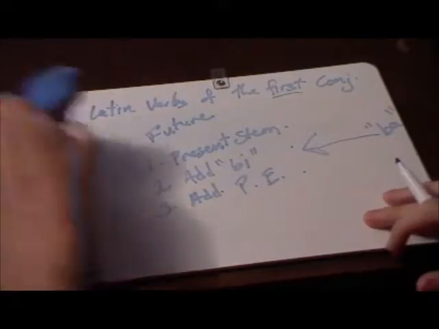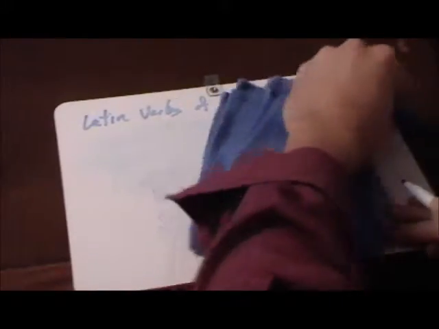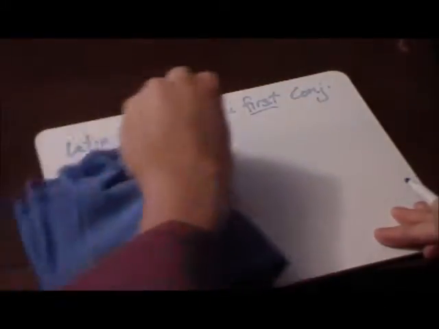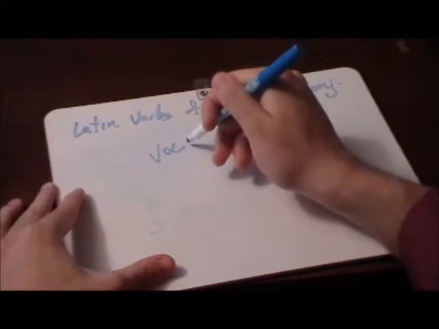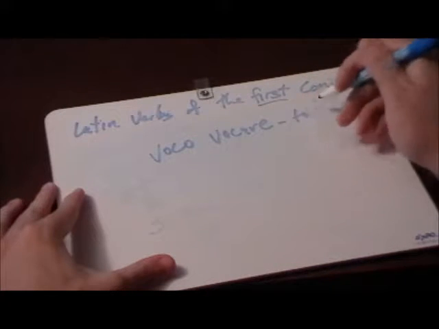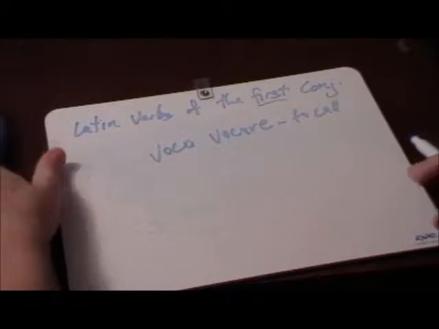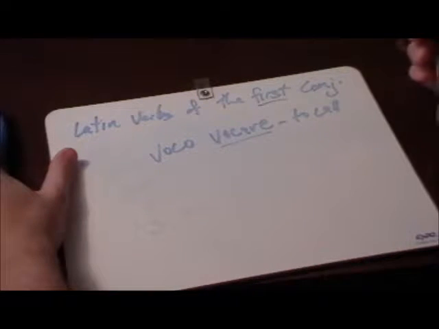So let's review really quickly some present stems. Let's take the paradigm verb voco, vocare, meaning to call. To find the present stem, you go to the second principal part, vocare, and you take off the RE.